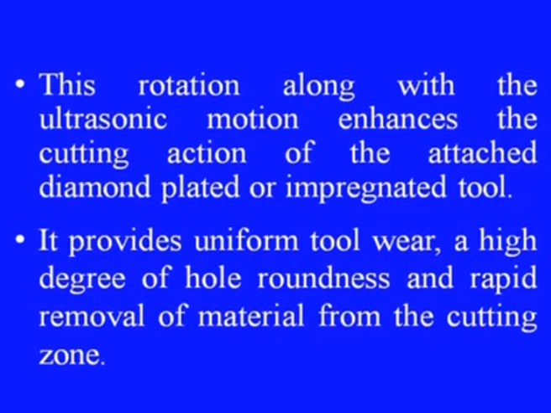It also provides uniform tool wear, a high degree of hole roundness and rapid removal of material from the cutting zone. Therefore, it is good as far as higher productivity and better finish are concerned.